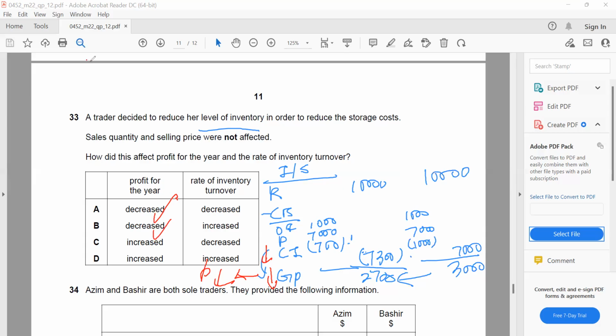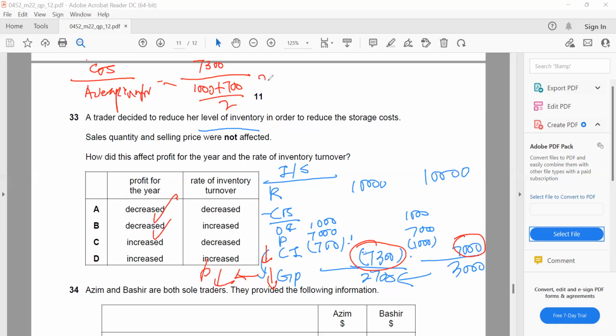Next, rate of inventory turnover. The formula is cost of sales over the average inventory. So you take the 7,003 over the average inventory. I am using numbers to calculate, so it is easier to see the impact.